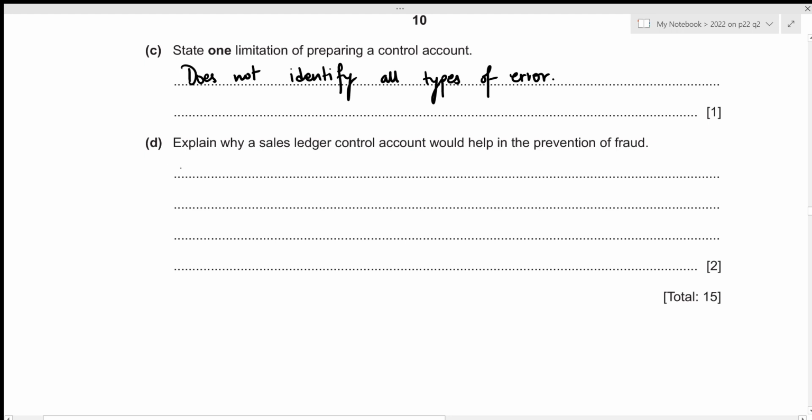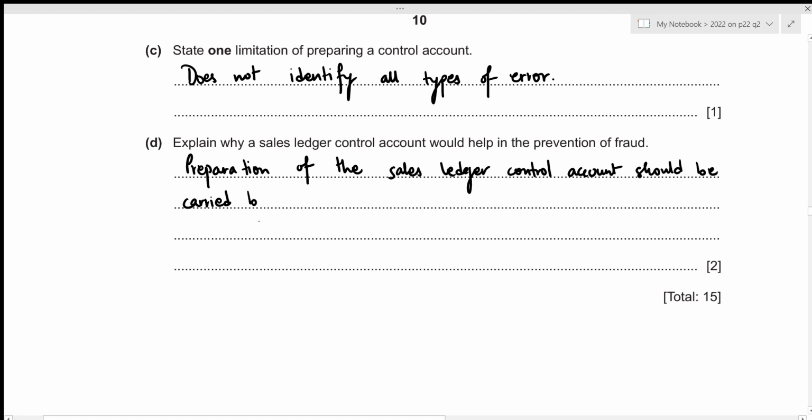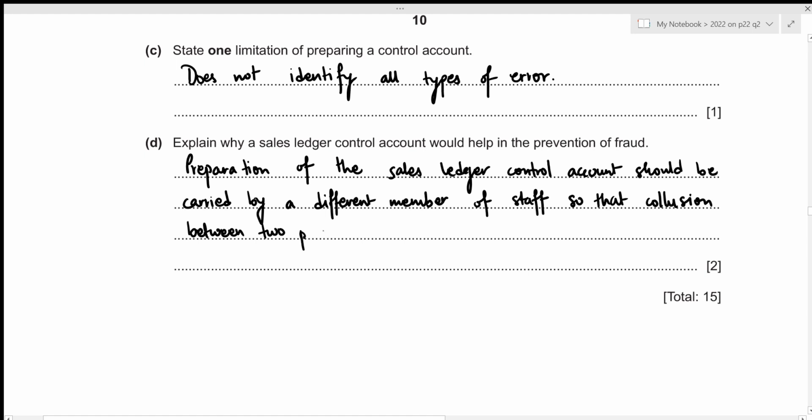Let's write it down. Preparation of the sales ledger control account should be carried out by a different member of staff so that collusion between two people would be required for fraud to be present.